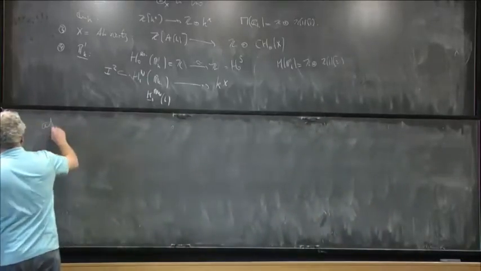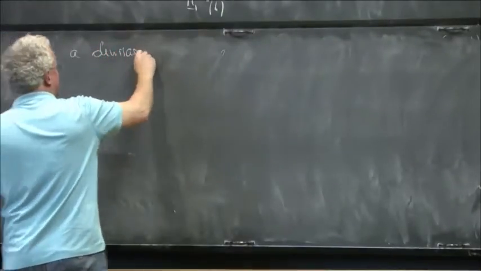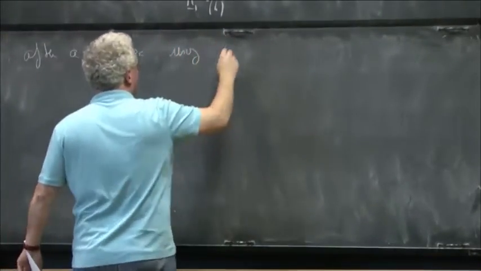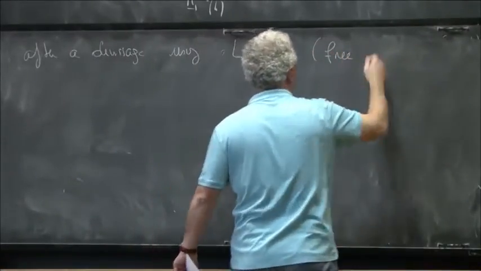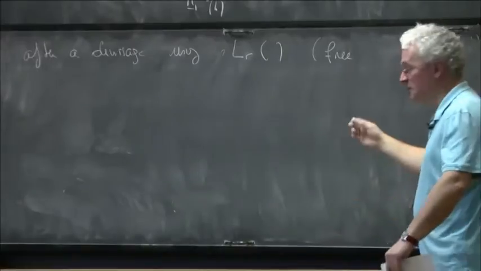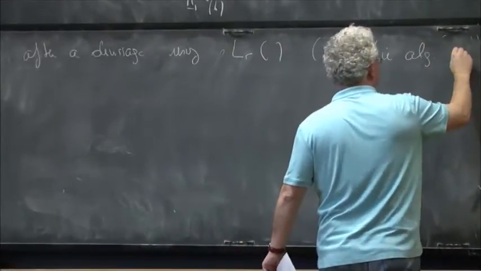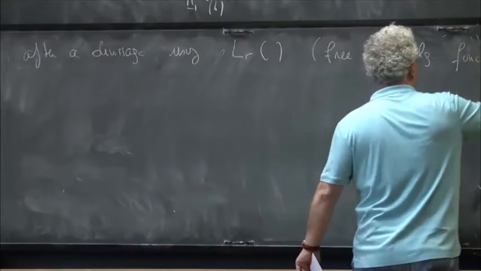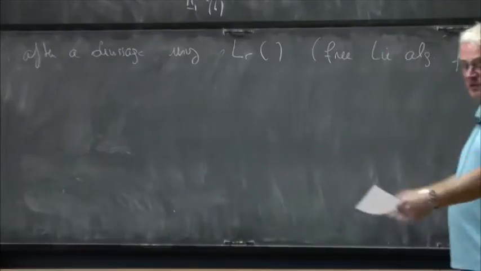So after dévissage, using the free Lie algebra functor and its derived functors and so on, because the E2 term of this filtration, because the groups are free, involves this functor, you can reduce.